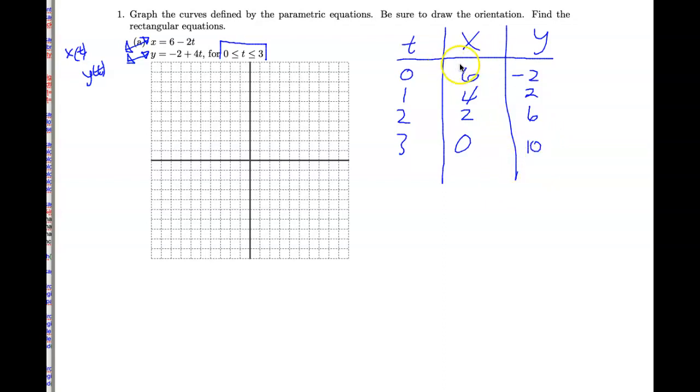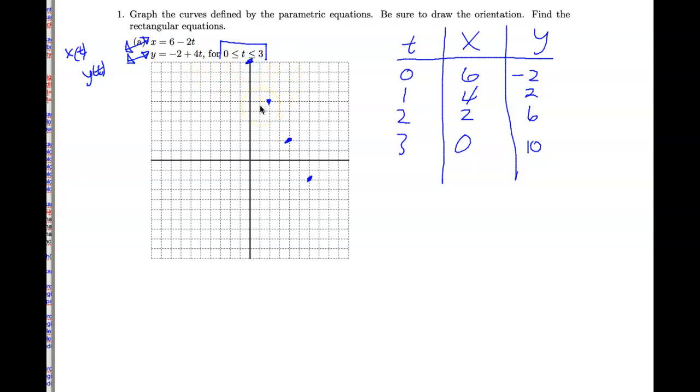Alright, and so what we essentially have now are the ordered pairs that we'll plot here. I have (6, -2), so I have a point here. Another one is (4, 2), and we have (2, 6), and (0, 10).